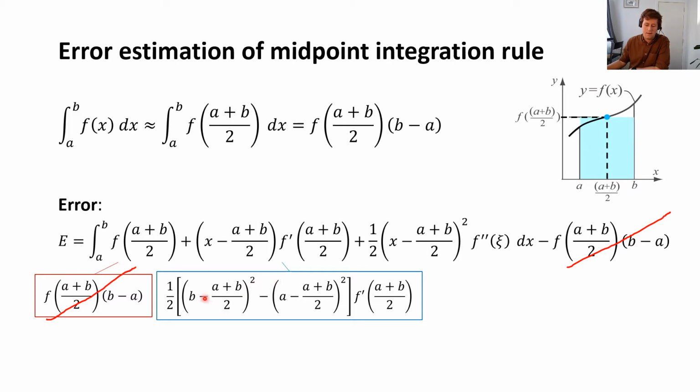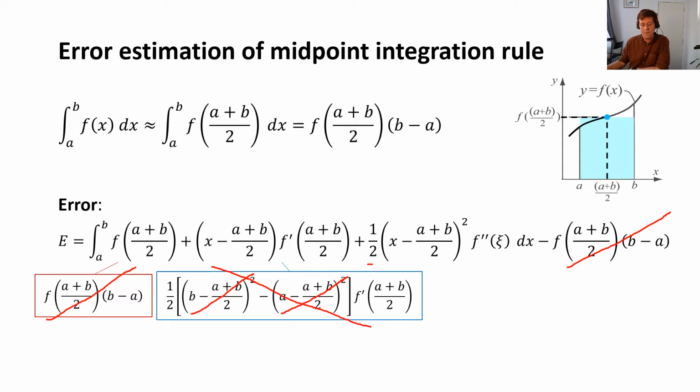So we see that the terms within the brackets are each other's negative, but after squaring, they will become the same. So you see that these terms will also drop out against each other. And if I'm going a bit too fast here, I invite you to just work through this with pencil and paper, but you will easily see that these two terms drop out. So here we have 0. So this entire term in the blue box also drops out.